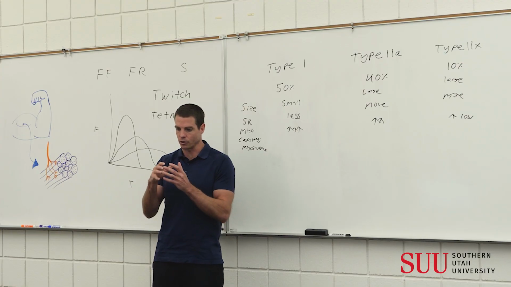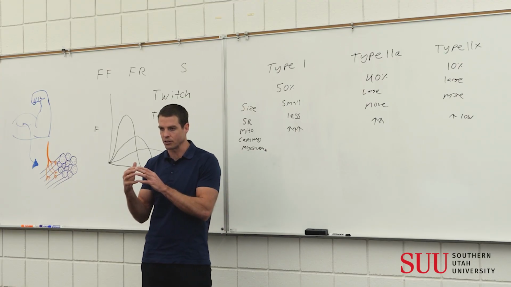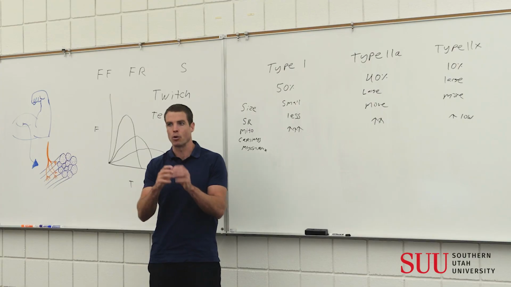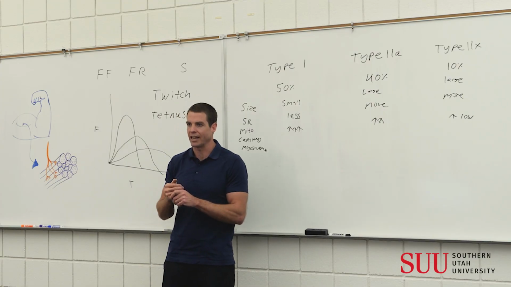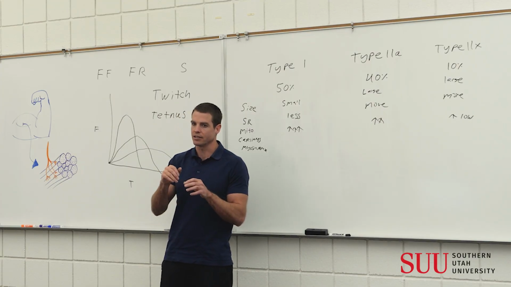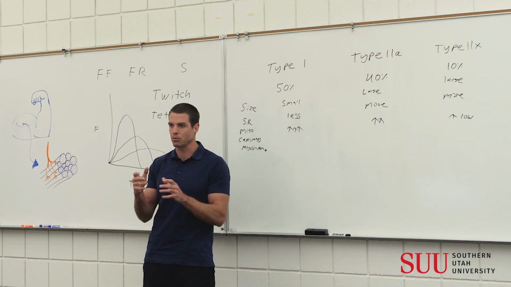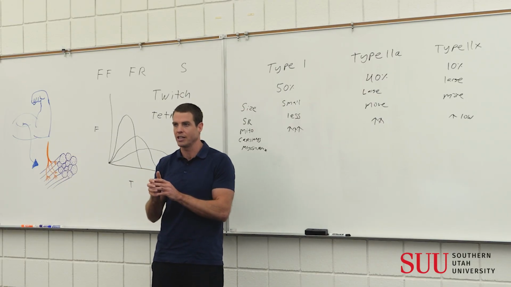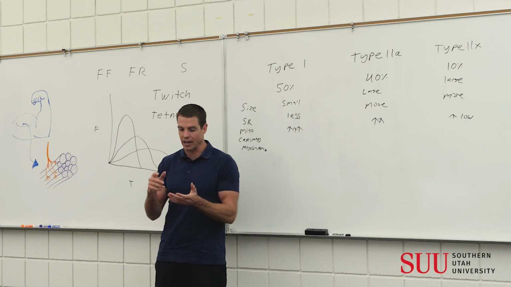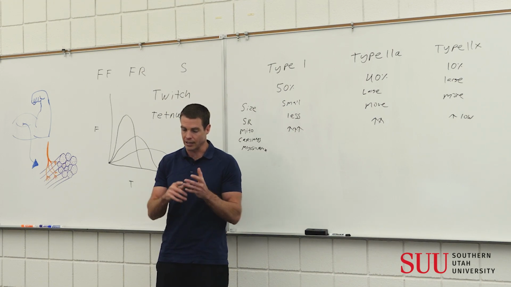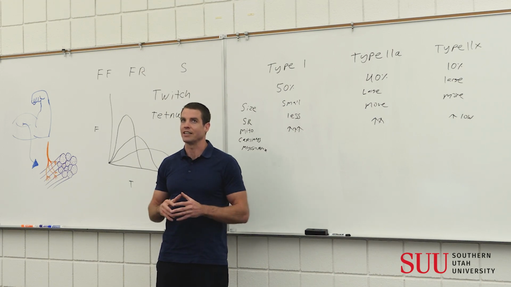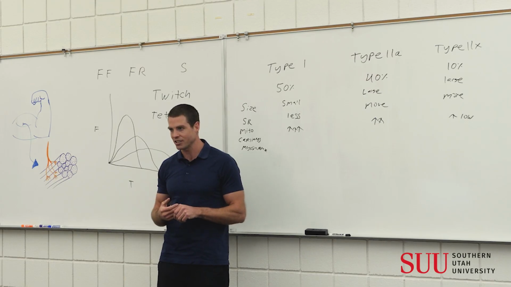Also, with more of the neural adaptations, you're getting more selective motor unit recruitment, which in some ways kind of violates the size principle, but it's a selective motor unit recruitment, and that happens with training. And another big one that increases your force strength is post-activation potentiation.